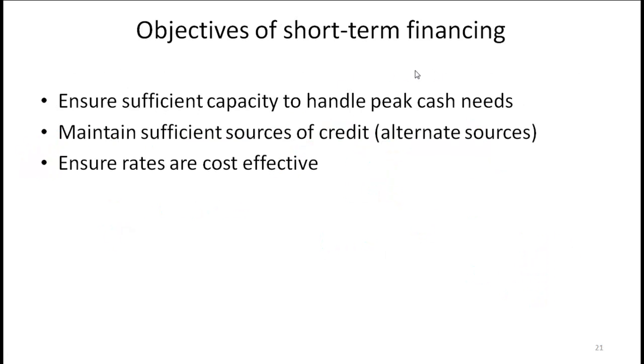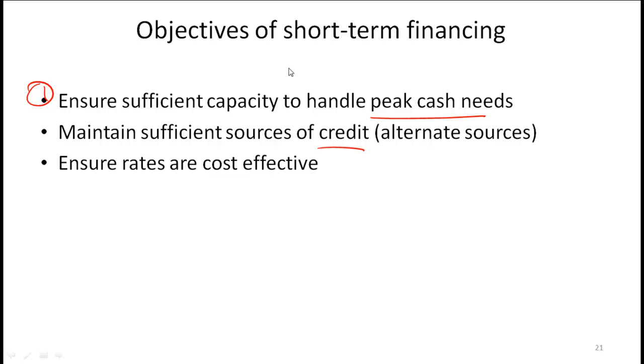Objectives of short-term financing. The number one objective is to ensure sufficient capacity to handle peak cash needs, maintain sufficient sources of credit or alternate sources, and ensure rates are cost effective. So just to put this in context, we are now on the liability side. We just talked about accounts payable, which is one type of liability, but the good thing about accounts payable is we don't pay interest.